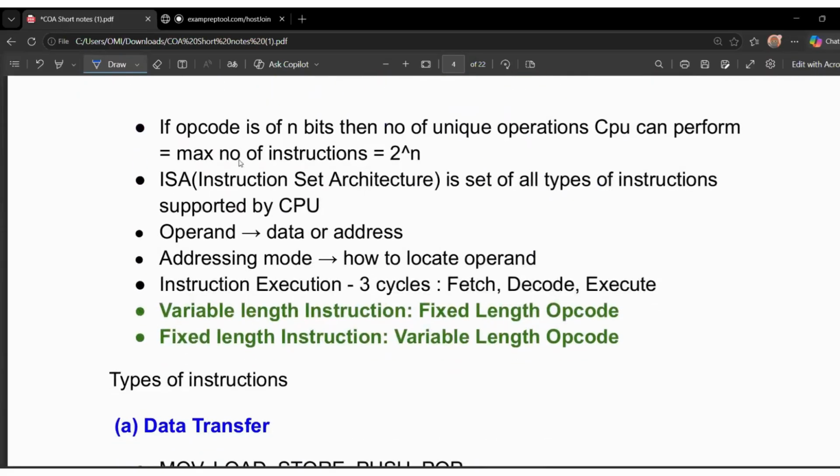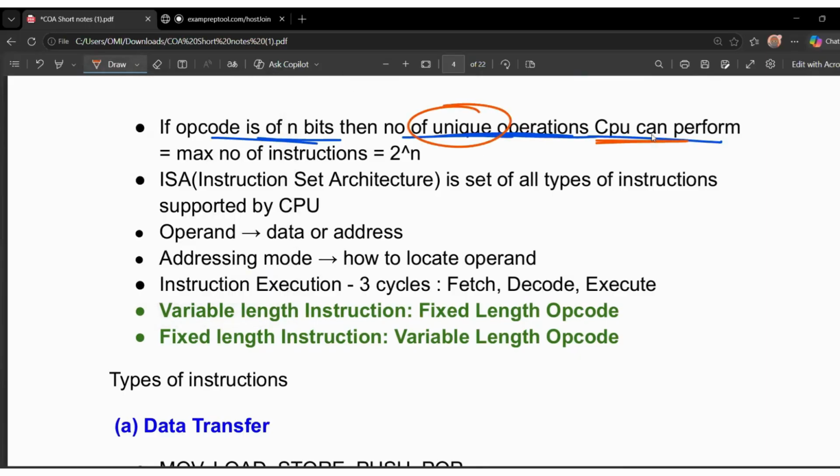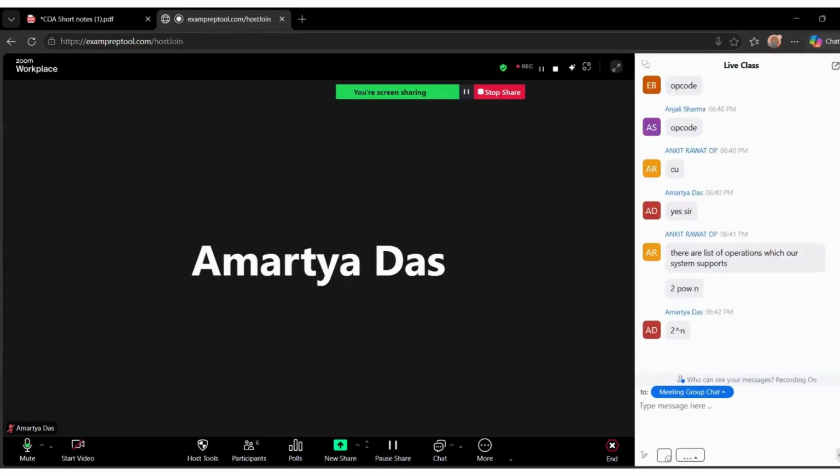Now, if the opcode is of n bits, how many unique operations can a CPU perform? If the opcode has n bits, then 2 power n. And then we have seen ISA means instruction set architecture.